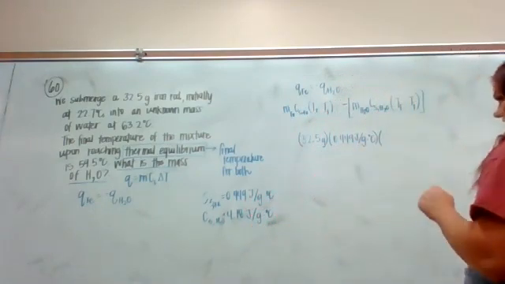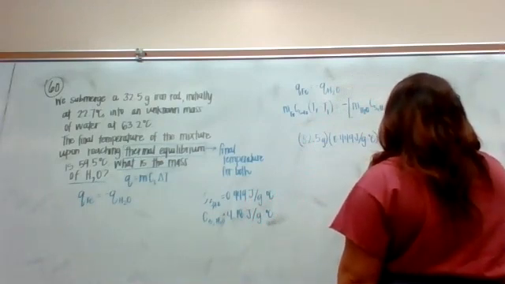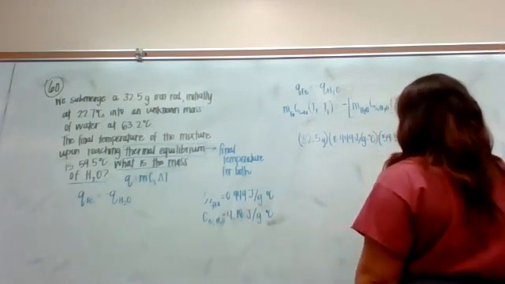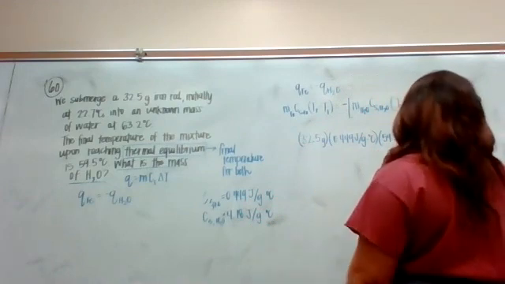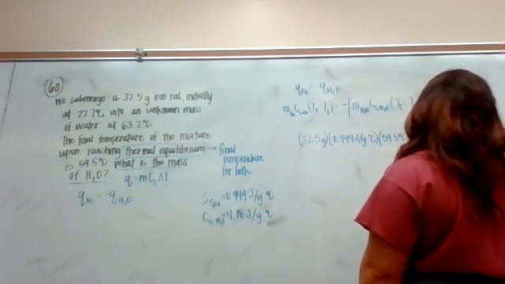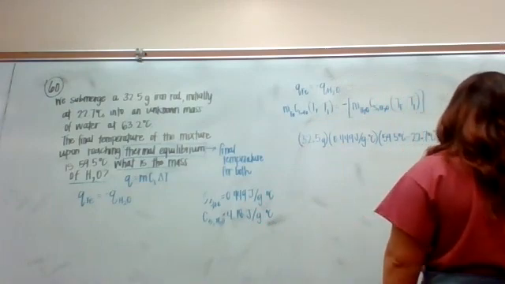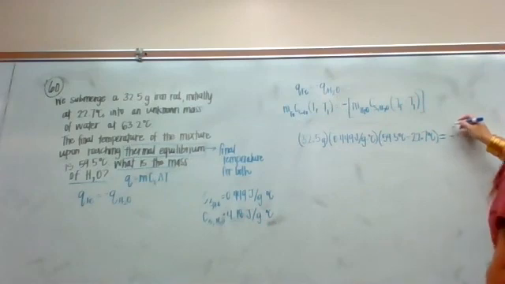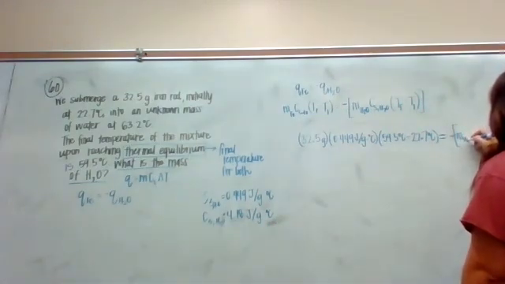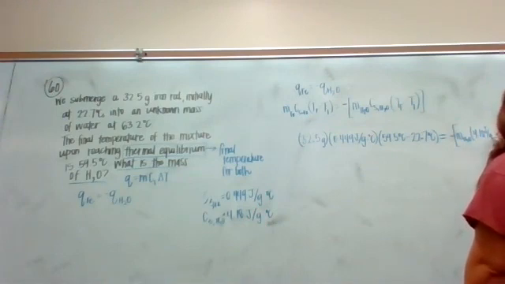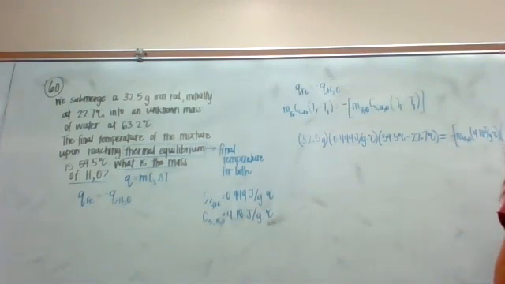Final temperature, which is 59.5, minus initial temperature of iron, which was 22.7, equals the negative mass of water, which we don't know, times specific heat of water, times the final temperature of water, again 59.5, minus the initial temperature of water, which was 63.2.